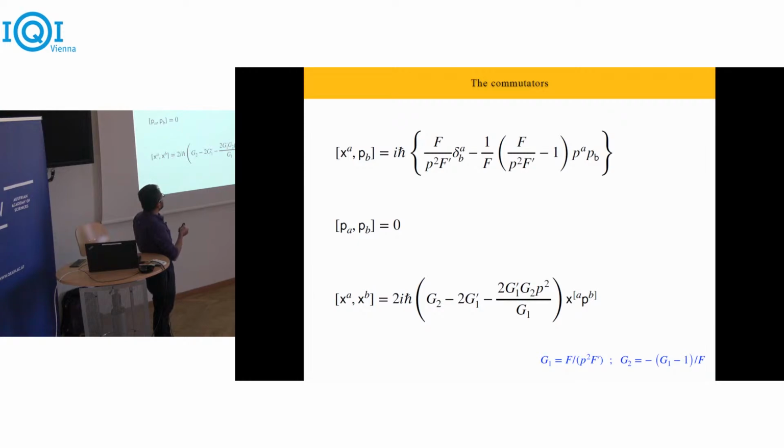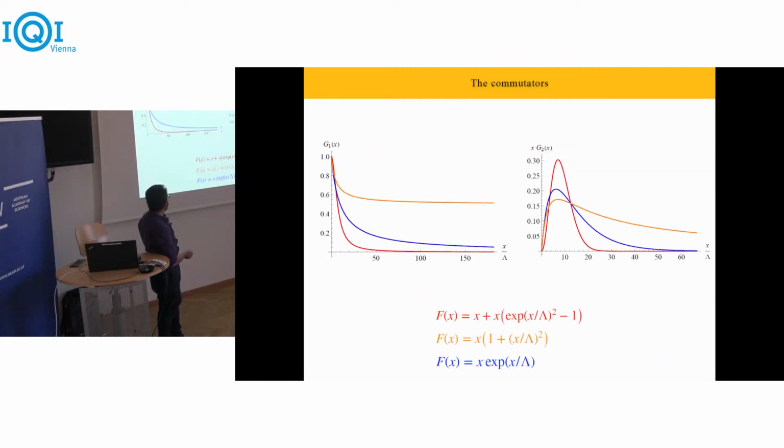These factors here are no longer arbitrary, they are fixed by a single function f of p square, and so is the RHS of the x commutators; even the position, the normal coordinates, do not commute. That is the hint towards the non-commutative nature of the geometry which will be induced by the quantum effect. So, that is non-zero, and they are completely fixed by just one function f of p square.